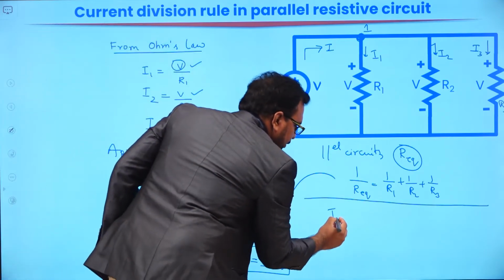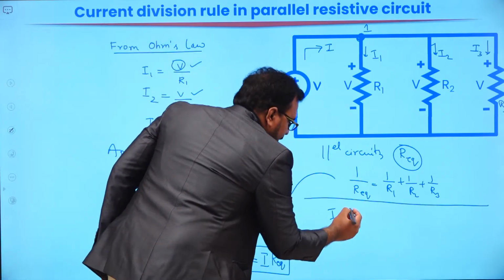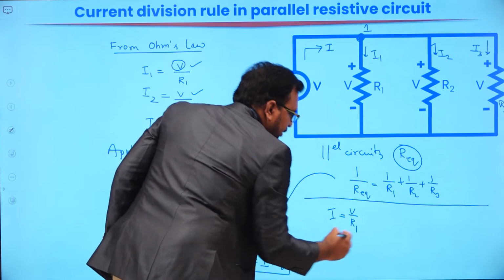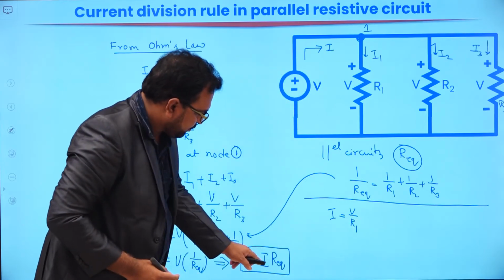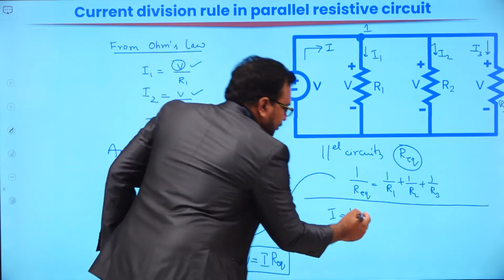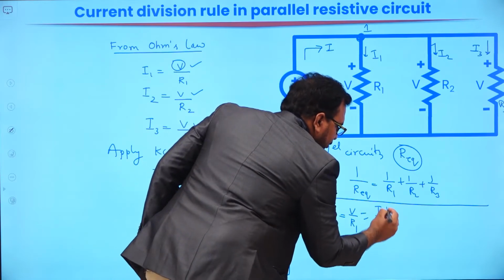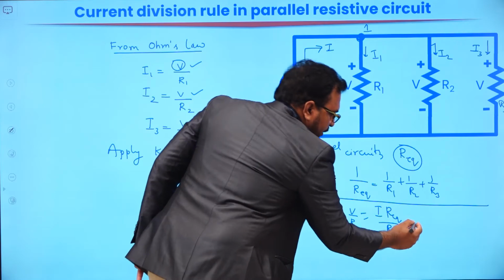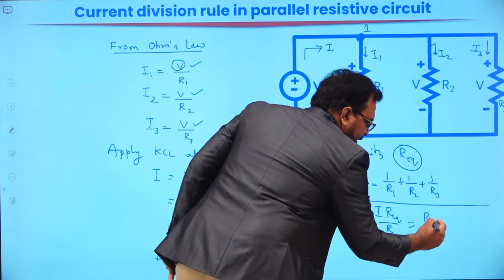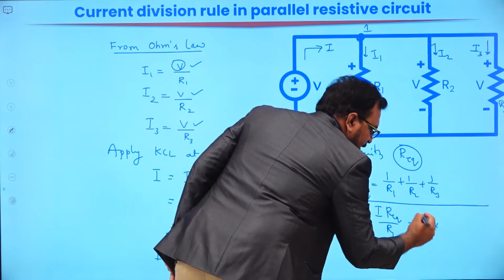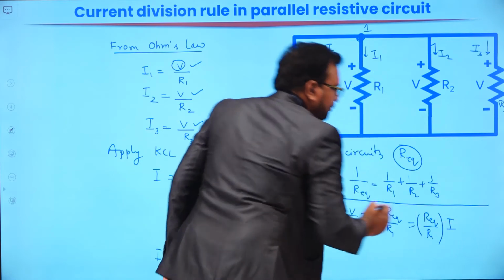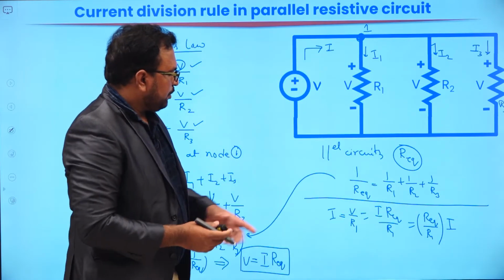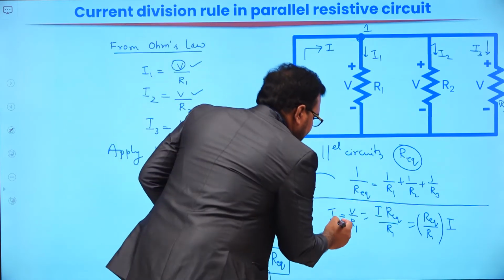So here I1 is equal to V divided by R1. Now what is the formula for V? I into R equivalent. Substitute here: I into R equivalent by R1. Now I separate the resistance terms: R equivalent by R1 into I. That is how you apply the current division rule.